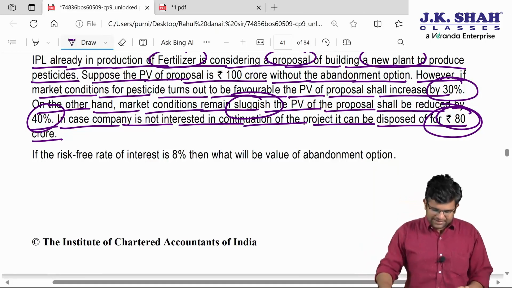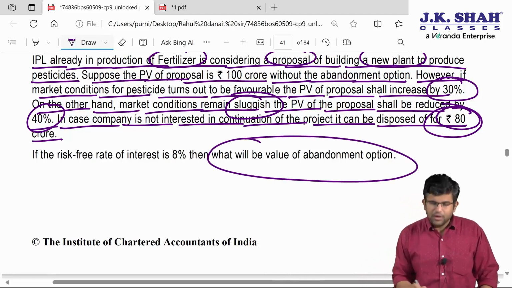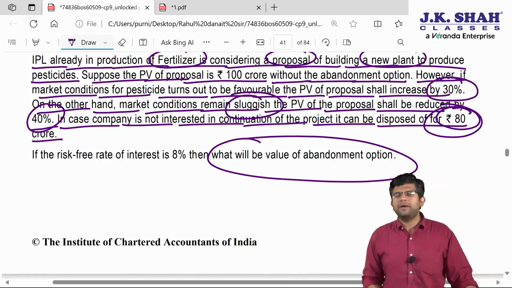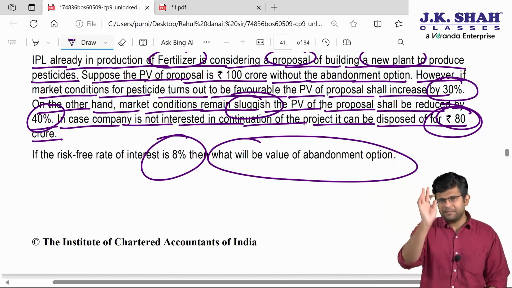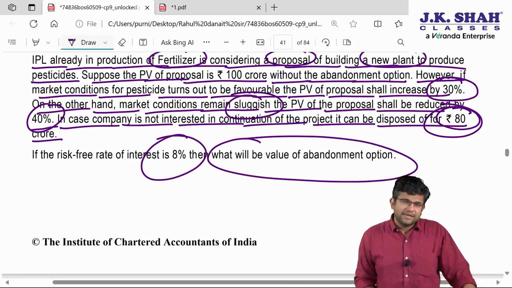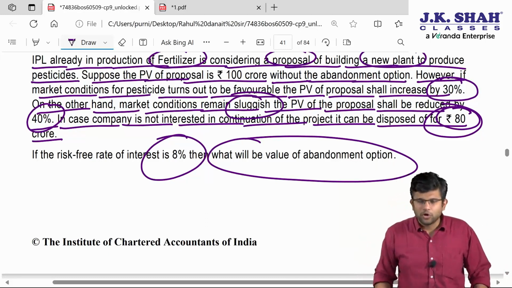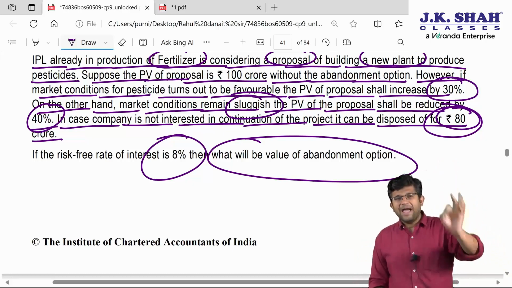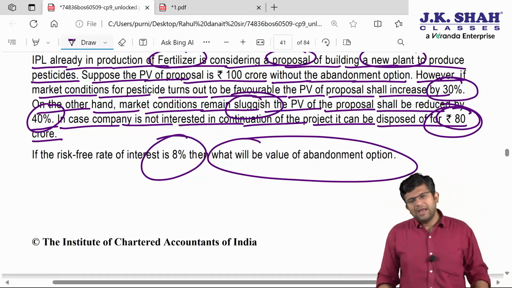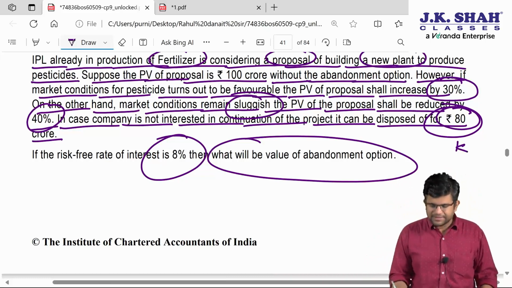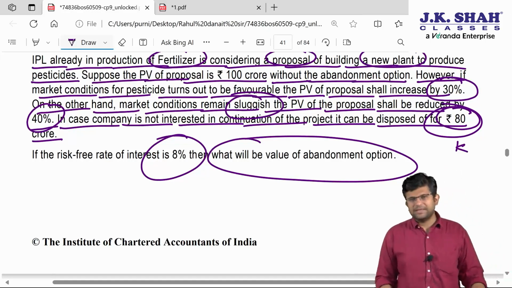And this is exactly what we have to value. They are asking you to value the abandonment option if the rate of interest is 8%, but deep within we know that they are asking you to value the put option where you have a right to sell at 80 crores, which means 80 crore, can I say, becomes the K, the strike price, the X.